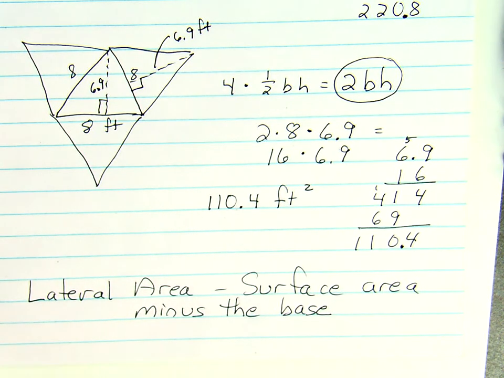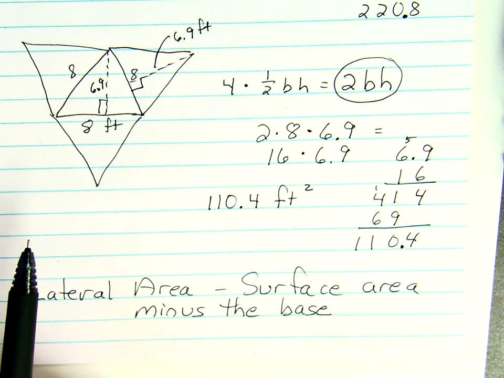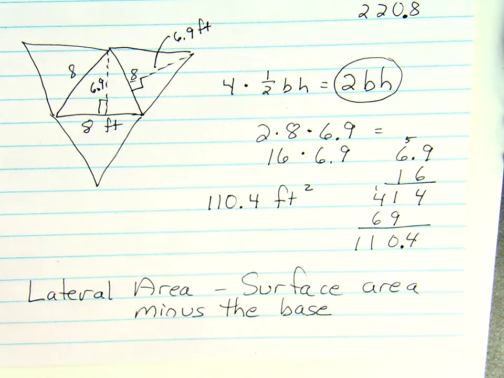So really all you're going to do is reduce it by 1 triangle. Lateral area comes into play in certain places. They are going to ask you to do lateral area.